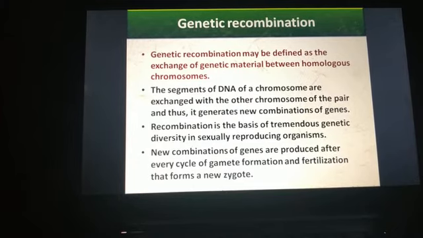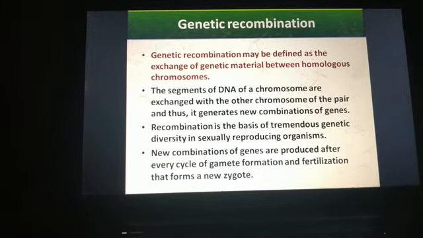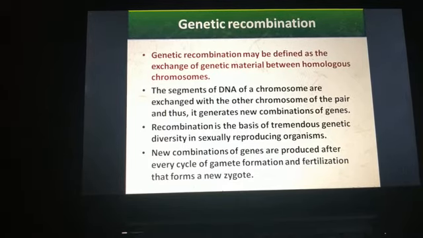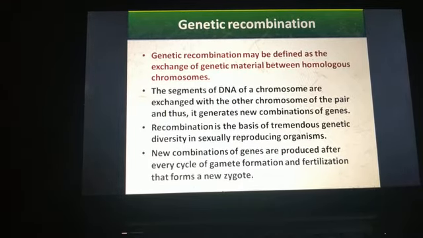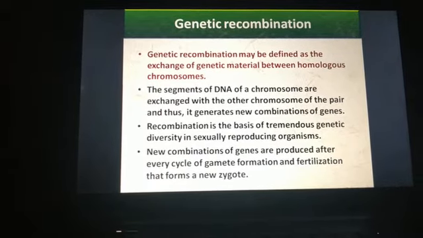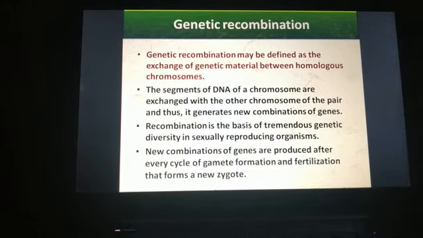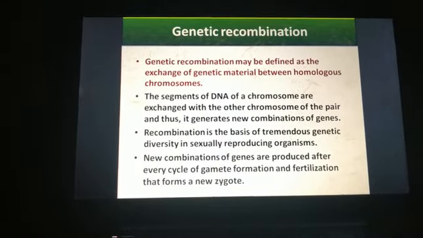And so genetic recombination will give rise to different combinations of the existing allelic forms. Whatever alleles are there, it will give us a different combination of those existing allelic forms. Next, new combinations of genes are produced after every cycle of gamete formation and fertilization that forms a new zygote.